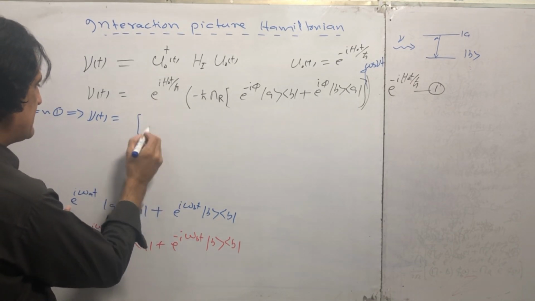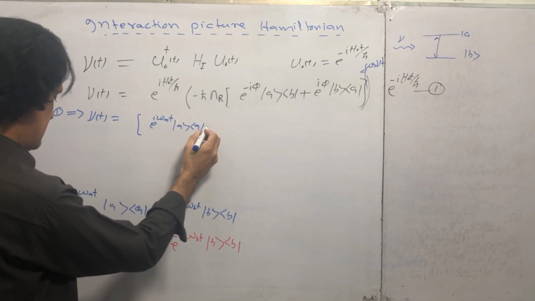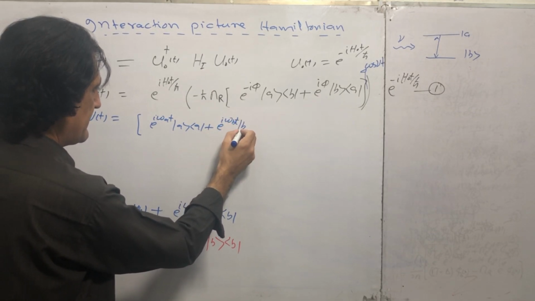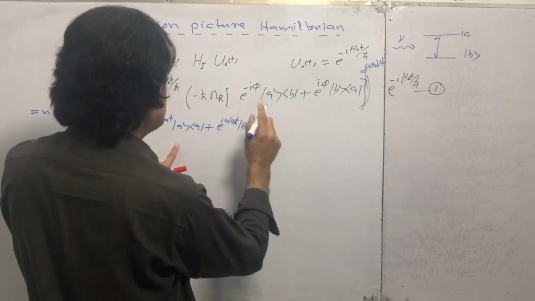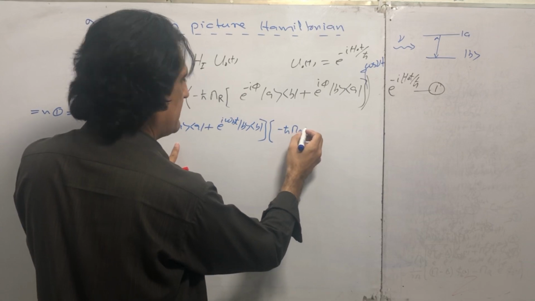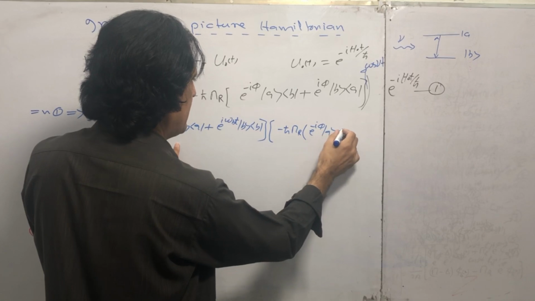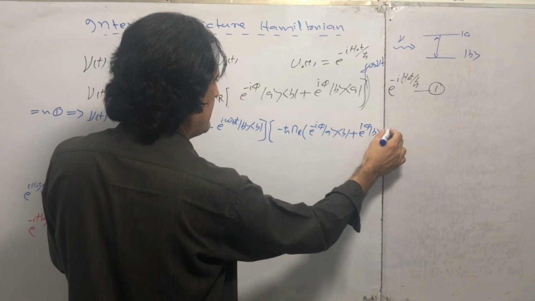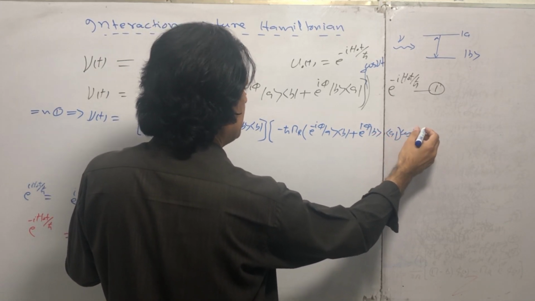The value of this is e to the power iota omega a t A A plus e to the power iota omega b t B B, and this term we already know, minus h cut omega r and e to the power minus iota phi ab plus e to the power iota phi ba and cosine of nu t.